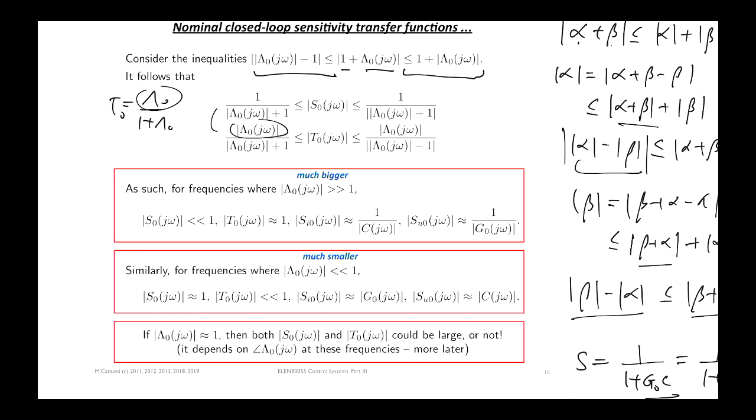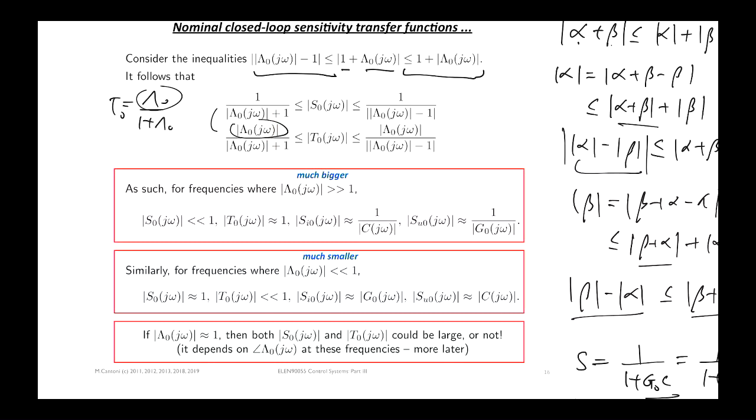T will be close to 1 in magnitude when lambda is a big number, because taking 1 away from lambda gives you something that's still roughly the same size as lambda, and then you've got something the size of lambda divided by something that's almost the size of lambda, that'll be close to 1. And the lower bound will also be close to 1. So it's being squished between something that's slightly bigger than 1 and something that's slightly less than 1.